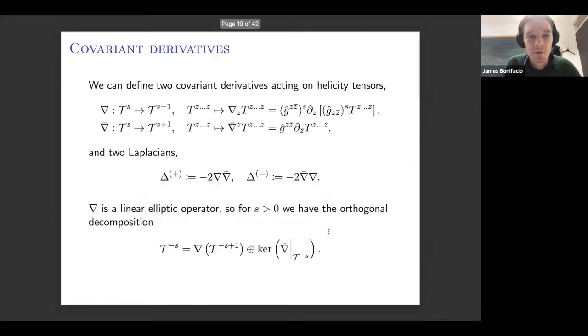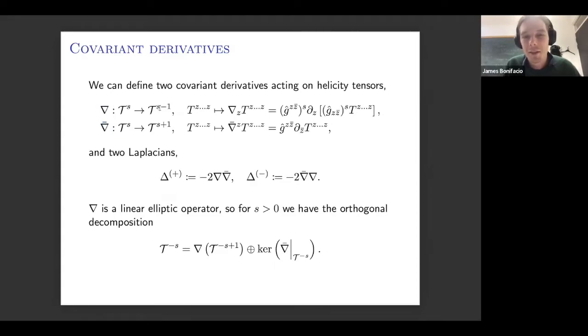Okay, so we can define 2 natural covariant derivatives acting on these spaces of helicity tensors. One which decreases the helicity by 1, I'll call it nabla, and one which increases the helicity by 1, I'll call it nabla bar, and these are adjoints of one another up to a sign.